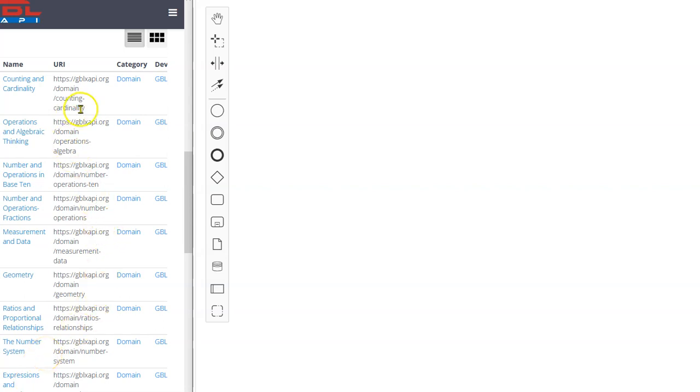Okay, so I found some K through 12 domain areas, and I'd like to share those with you. Counting and cardinality, operations and algebraic thinking.